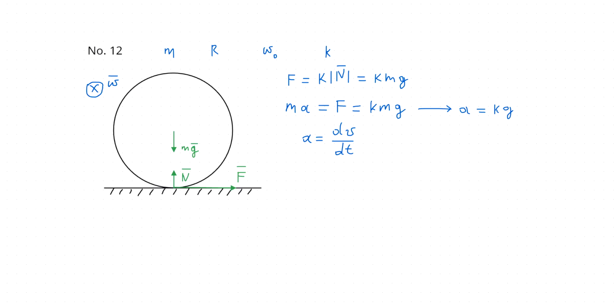Velocity will be kgt because from here we have a equal to kg, and from here dv is equal to kg dt.